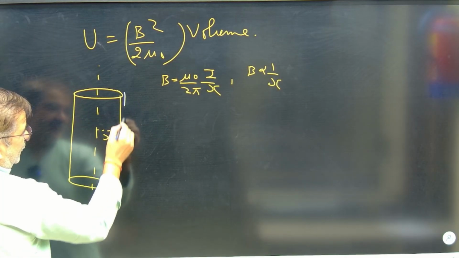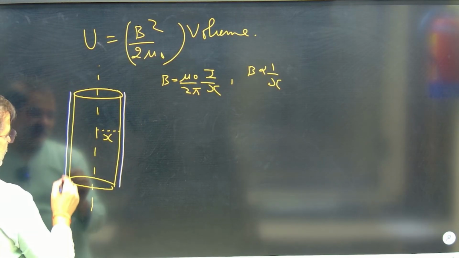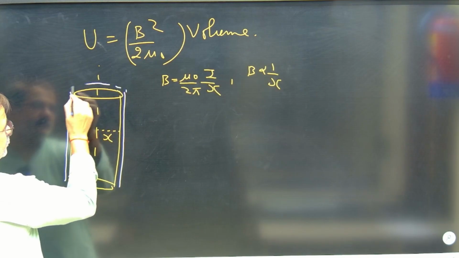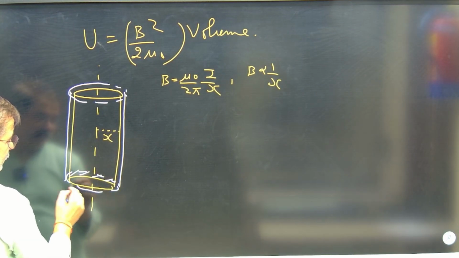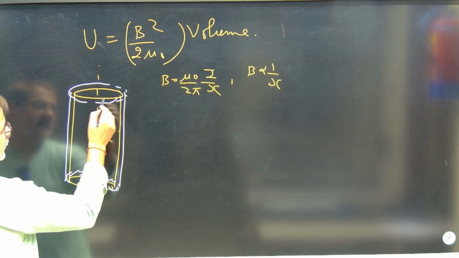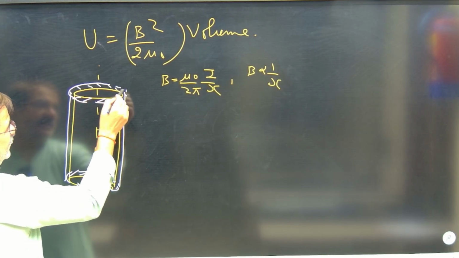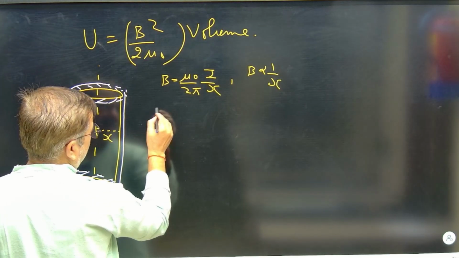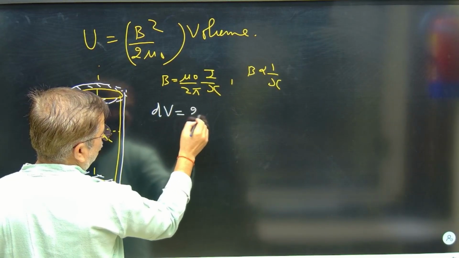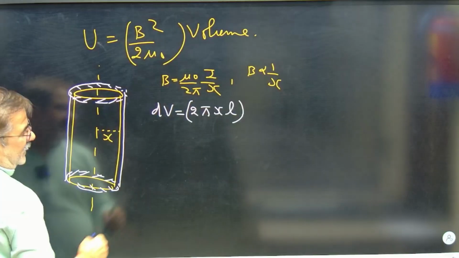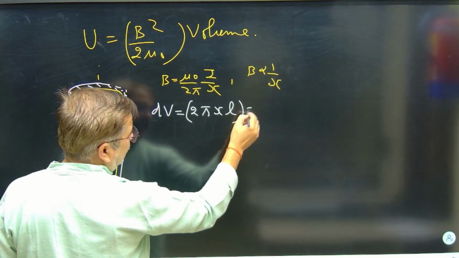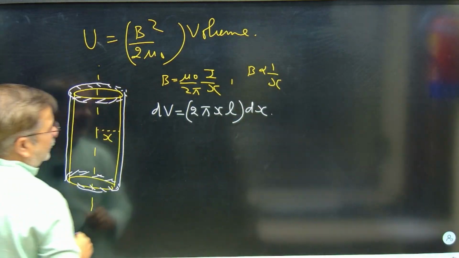Again I will take some thickness dx, and it will include some volume. We can see how much volume is included. So this volume dV is 2 pi x L, the curved surface area, into dx. So this will give the volume.